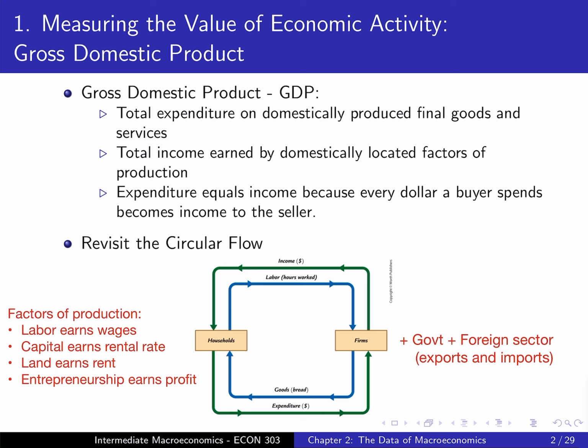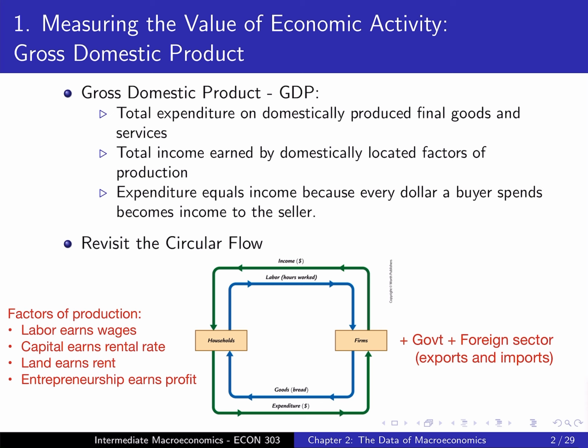It shows how households, firms, and markets interact, how spending flows generate income flows in the economy. To reflect a more realistic, open economy, we expand the model by including government, which collects taxes and spends on public goods and services, affecting both income and spending.